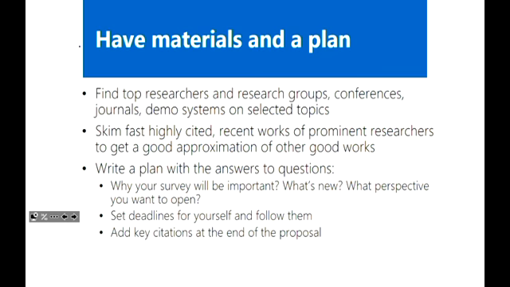Work hard, set deadlines for yourself and follow them. Add key citations at the end of the proposal. So when you are done with your final report of the survey, you are supposed to provide all the references. We should know how you got some of the ideas to write up your paper, and provide a complete list of references at the end.